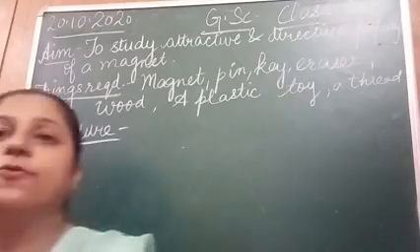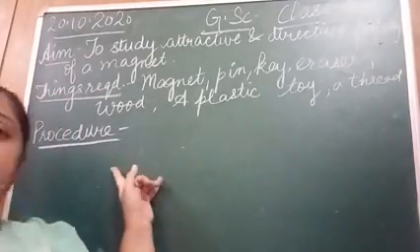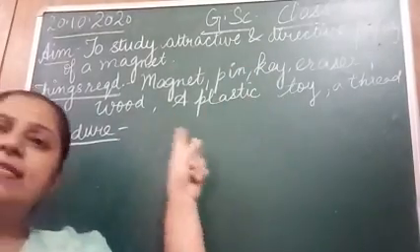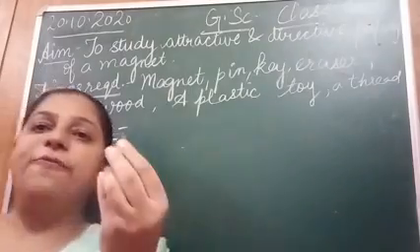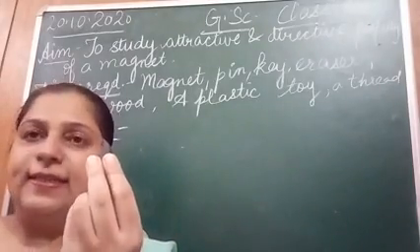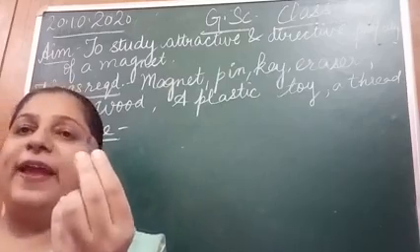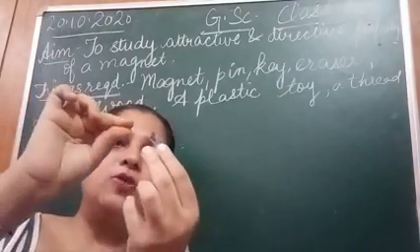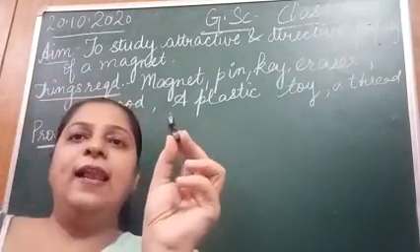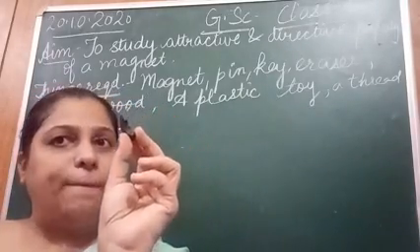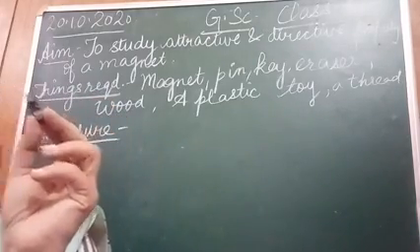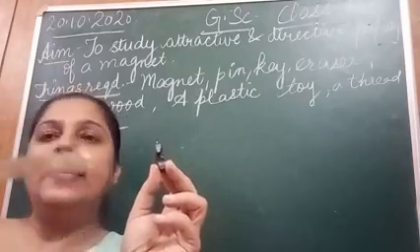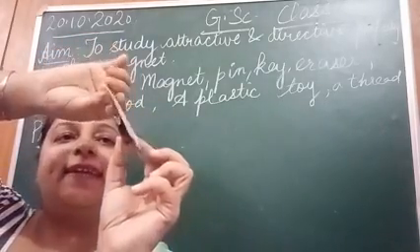Now what we have to do? Students, in the procedure, you have to take all these things one by one. Take a piece of magnet in your hand, right? Now bring the pin closer to the magnet. It will get attracted to the piece of magnet, right? Then bring a piece of wood near the magnet. Will it get attracted?